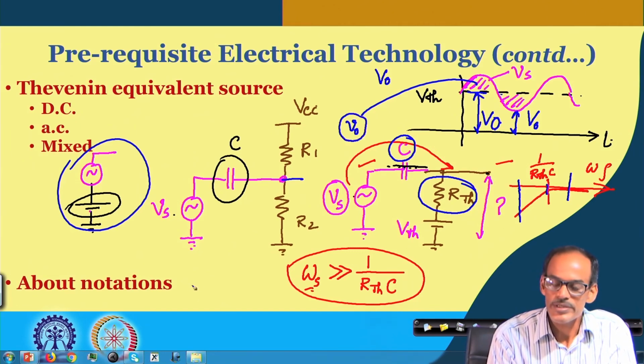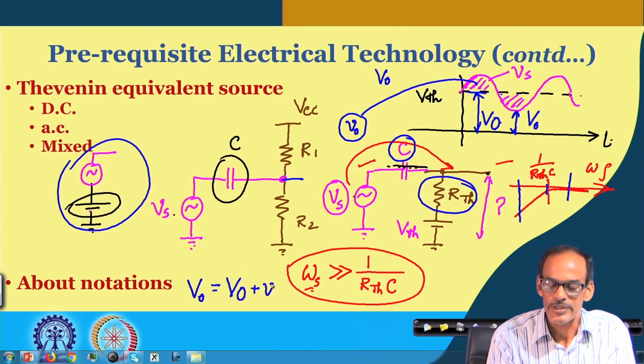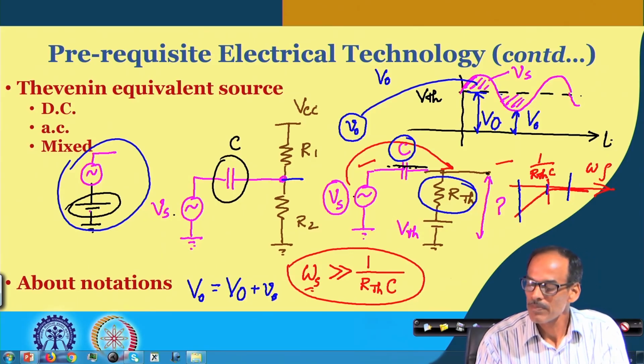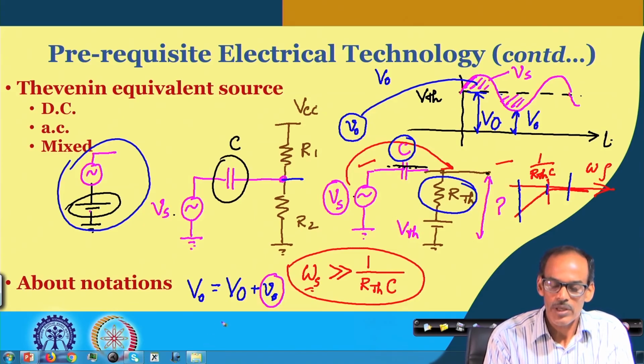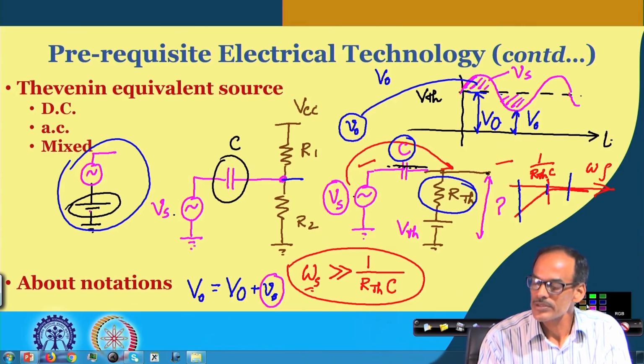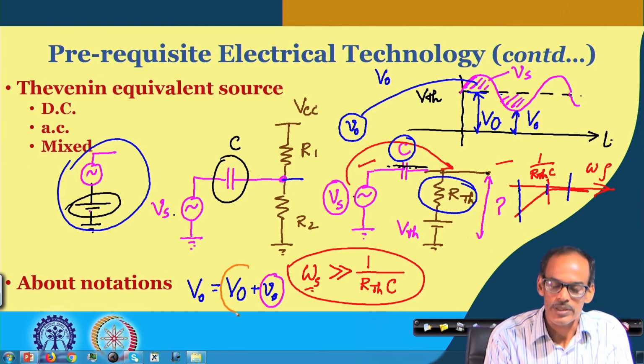So, in general we can say that if we consider some node voltage, V small o equals the DC part plus the small signal part. Whenever we deal with an analog circuit, the signal part is important, but at the same time the DC operating point is equally important to make sure that the circuit is in good condition.